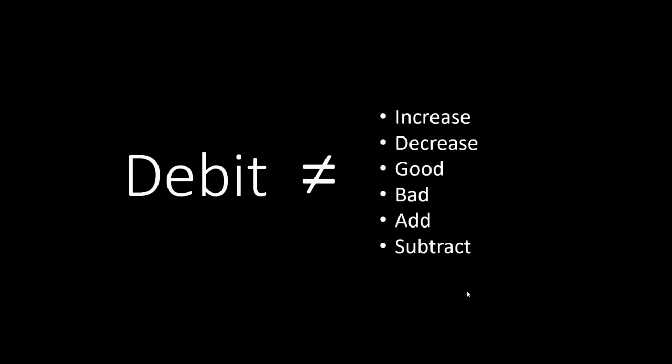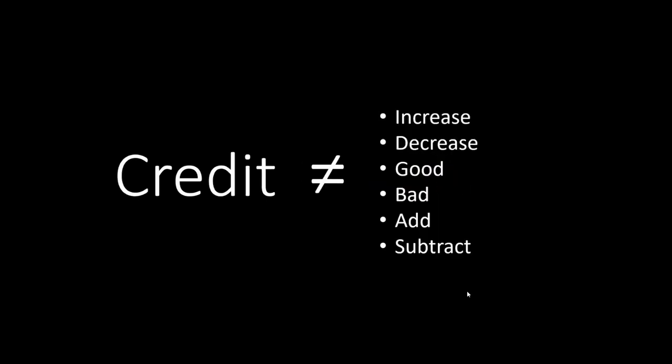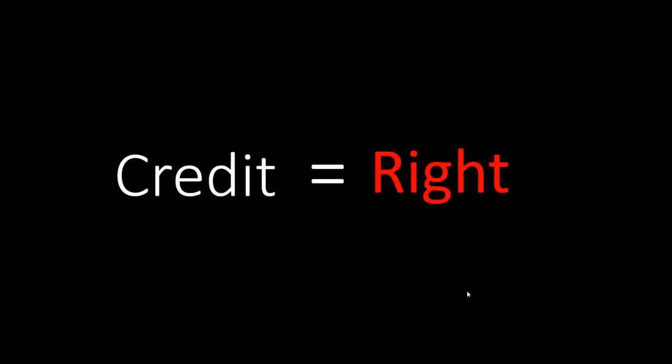If you have a bank account, then you have heard the terms debit and credit, but I want you to throw out that information. Debit alone does not mean increase, decrease, good, bad, add, or subtract. Debit simply means left side. Credit, likewise, is not synonymous with increase, decrease, good, bad, add, or subtract. Credit's just my right side.